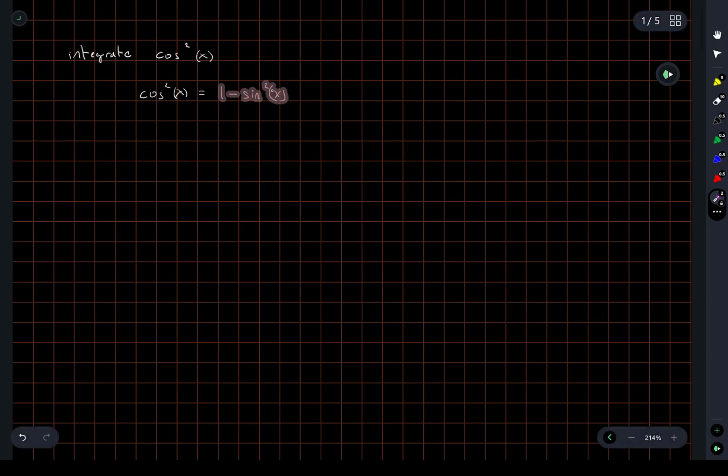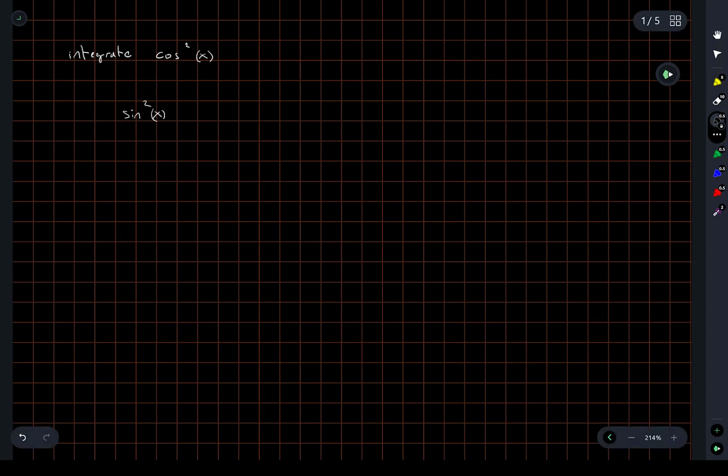Okay, so what are the other trig identities for cosine squared? There's something like, is it 1 minus cosine 2x divided by 2? Is that the correct thing? Well, I suppose there's ways of deriving these, right?